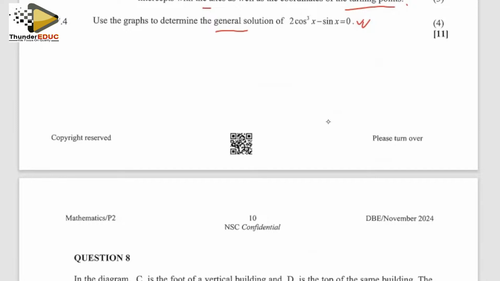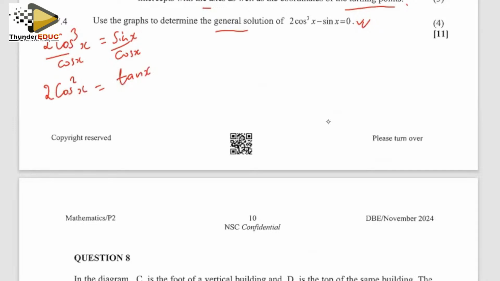So let me isolate: 2 cos cubed x is equal to the sine of x. Divide by a cos, so I'll have 2 cos squared x is equivalent to just a tan x.